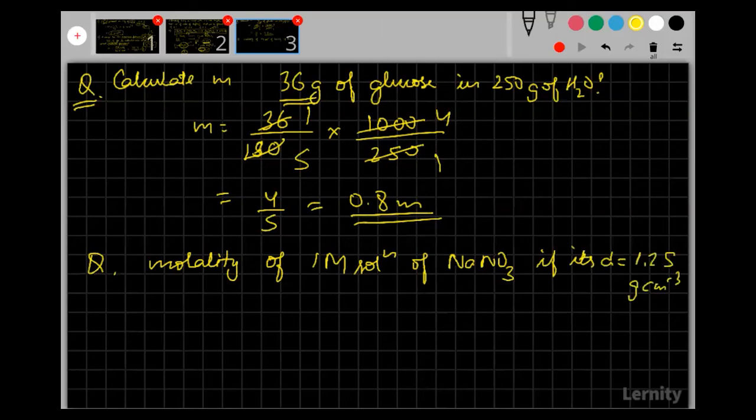I'm directly giving you the molecular weight of sodium nitrate, that is 85 grams per mole. Now you can proceed. We have to calculate the molality of a 1 molar solution of sodium nitrate if its density is 1.25 grams per centimeter cube, and the molecular weight of sodium nitrate is given as 85 grams per mole.